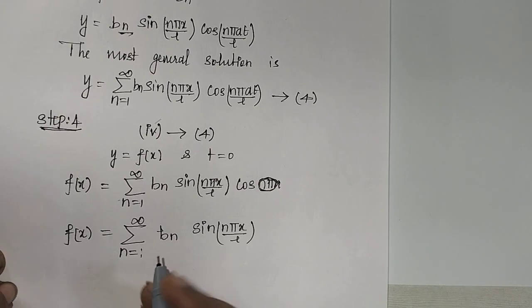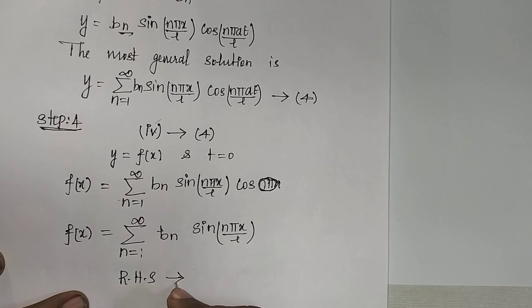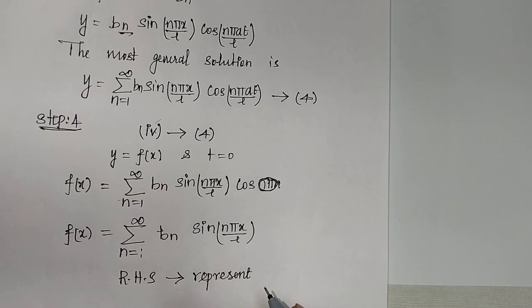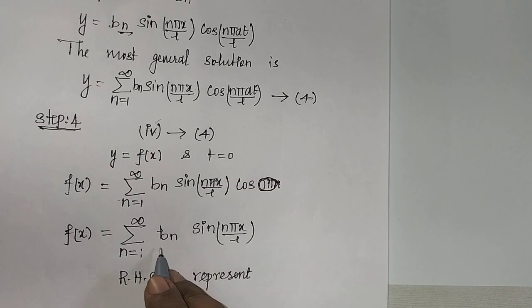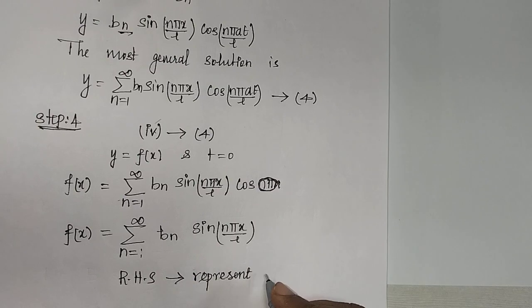And the right hand side represents what? Do you remember that in unit 1 and unit 2 you studied Fourier series. In that Fourier series, the half range sine series general form is this one: f of x equal to sum of n equal to 1 to infinity bn sin n pi x by L, which represents the half range sine series.